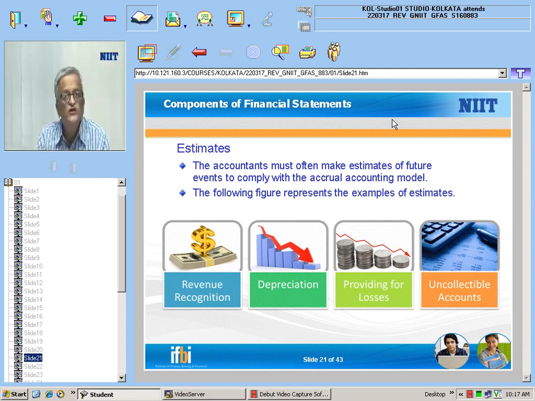Estimates will keep on changing. Yesterday's estimate will not be today's estimate, and today's estimate will not be tomorrow's estimate. Today's situation may not be the same as tomorrow's, and tomorrow's may not be the same as the day after. So estimates are made as on a particular date depending upon the situation.